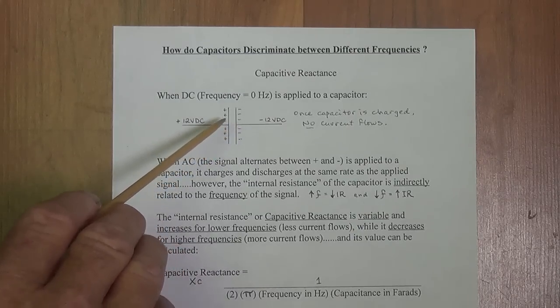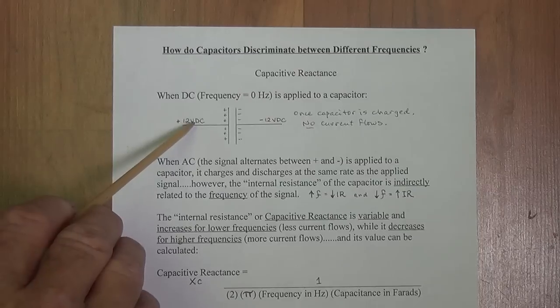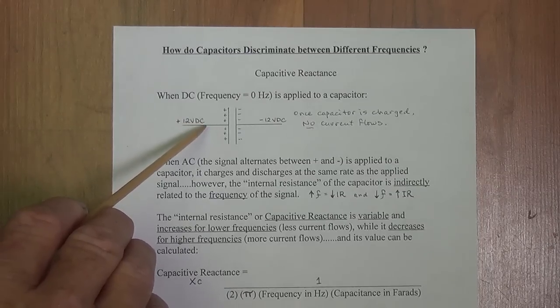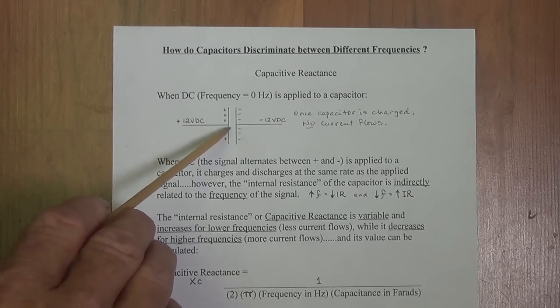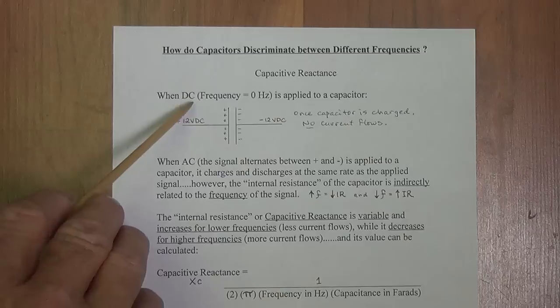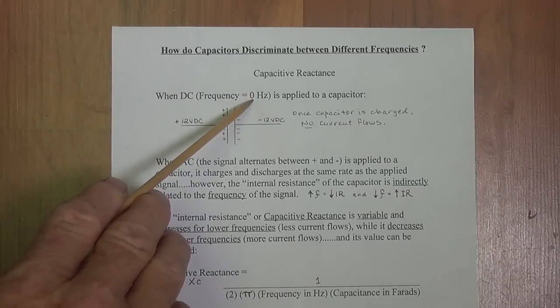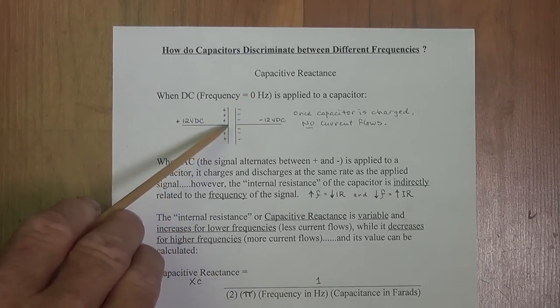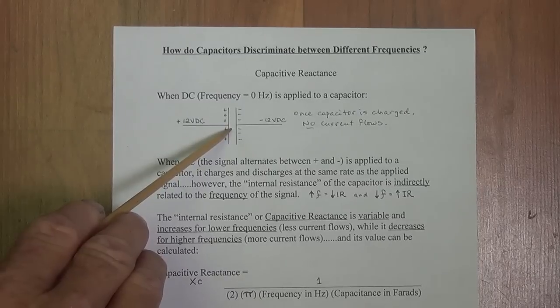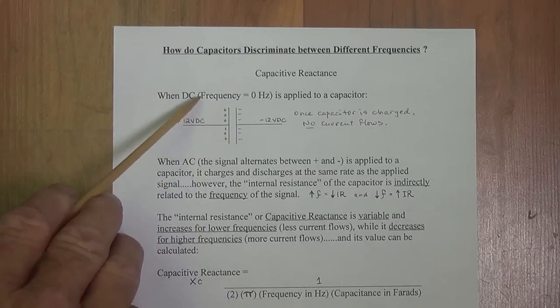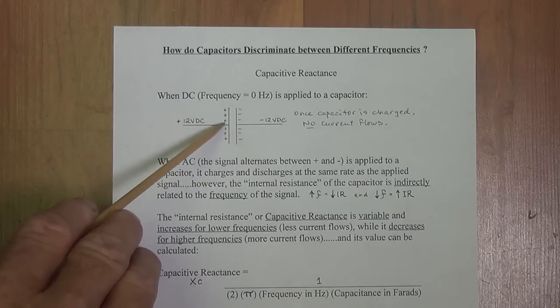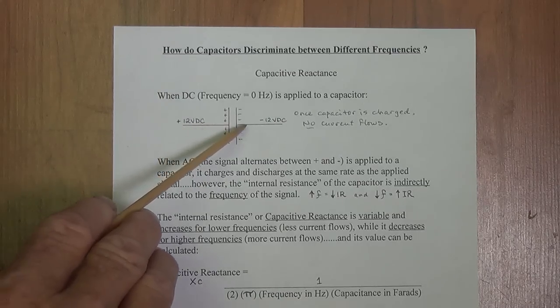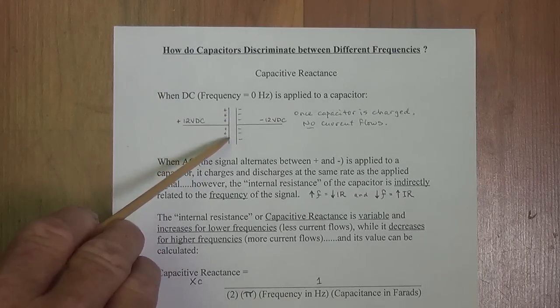So we know that capacitors really detest or resist the passage of direct current. The lower the frequency, the more internal resistance, or better, the greater the capacitive reactance of the capacitor to that frequency. So low frequencies pass with much greater resistance than higher frequencies.